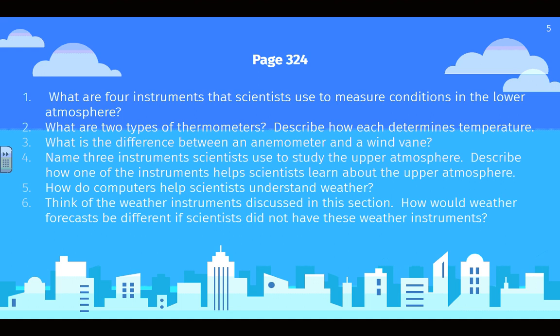Question 4. Radiosonde, radar, weather satellites.